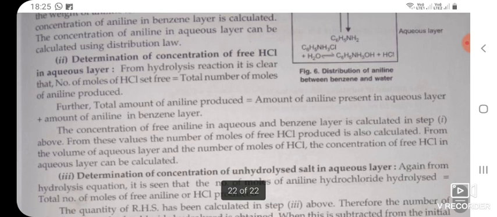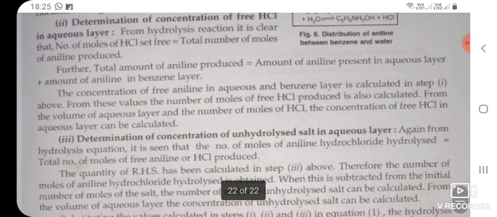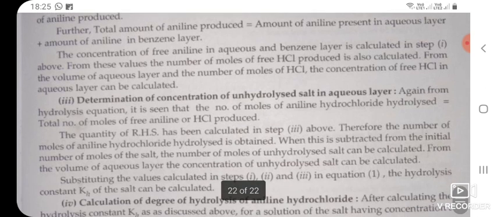Determination of the concentration of free HCl in the aqueous layer. From the hydrolysis reaction, it is clear that the number of moles of HCl set free is equal to the total number of moles of aniline produced. Further, the total amount of aniline produced is equal to the amount of aniline present in the aqueous layer plus the amount of aniline in the benzene layer.